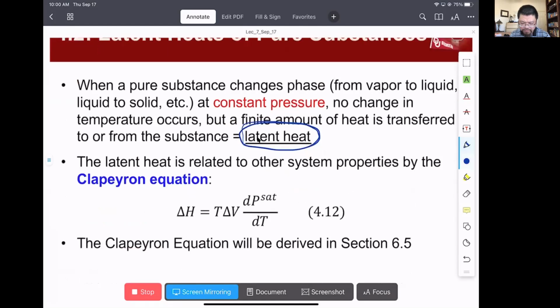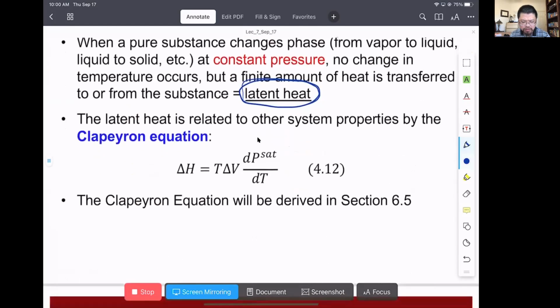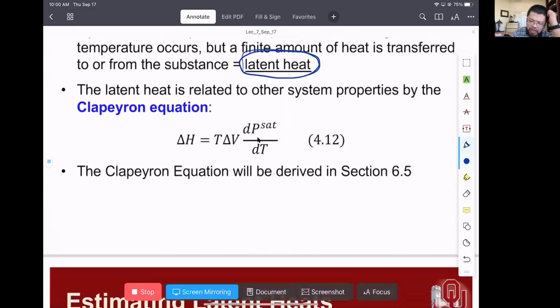And I jump on to this Clapeyron equation. We will derive and talk about the other forms of the Clapeyron or Clausius-Clapeyron equation later on in chapter 6. But here I just want to point out that the latent heat is related, again, to temperature and pressure.